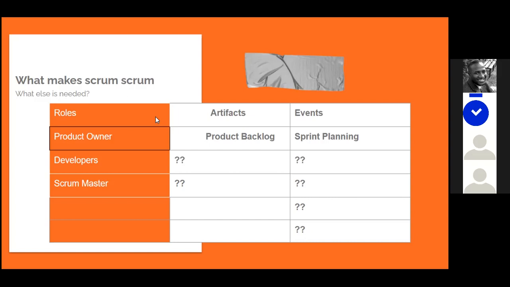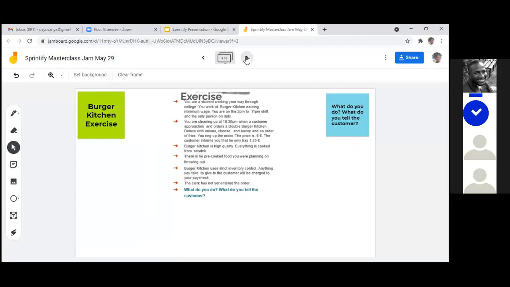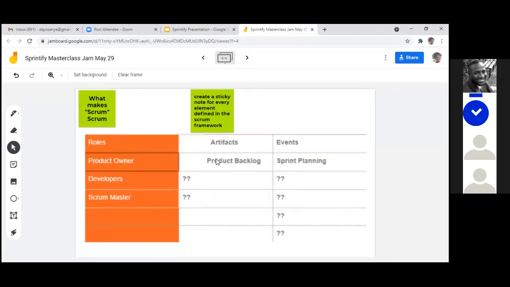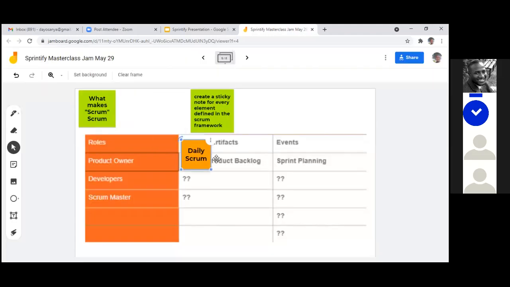So I actually wanted us to do this again on the Jamboard. So maybe I can help you guys out. Or is anyone familiar again with Scrum here? Can you tell me what are the other events? Ask me what you want. Okay. So what are the other events in Scrum?